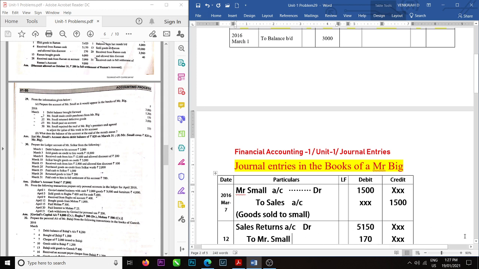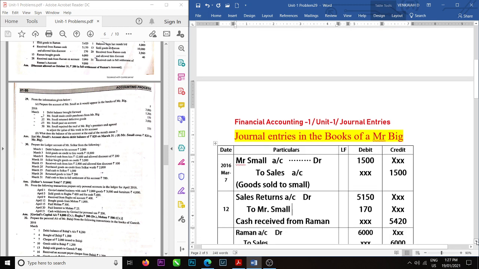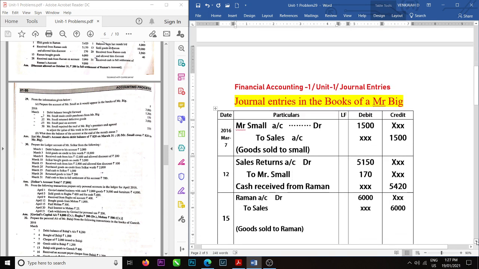Mr. Small is the giver, that's why he is credited. Amount is 150. Goods returned by Mr. Small.